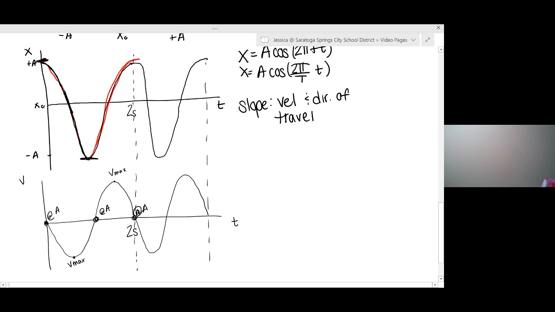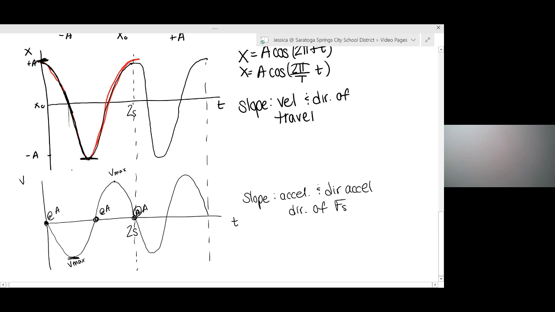Now remember, the big thing about velocity versus time graphs is the slope gives us information about the acceleration and the direction of the acceleration, which tells us about the direction of the spring force for this type of problem. So at this location here where I have maximum velocity, my slope is 0, which means my acceleration is 0, which makes sense because that would be where I am at equilibrium.